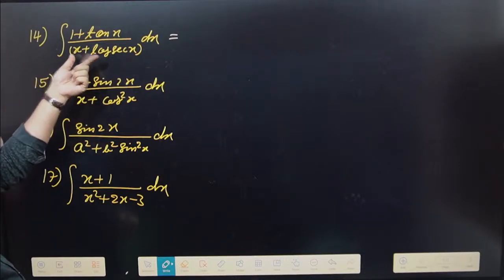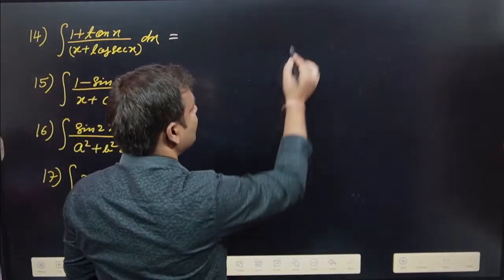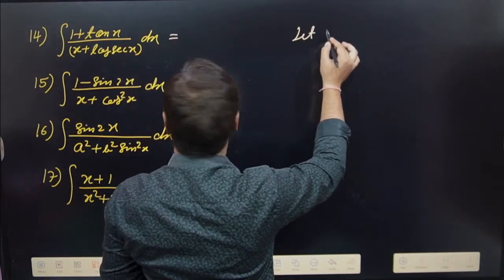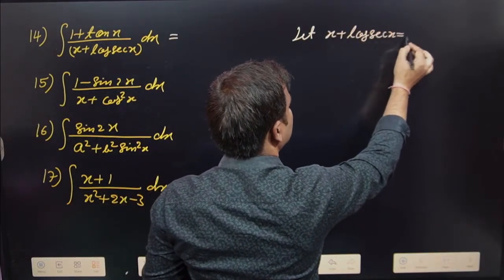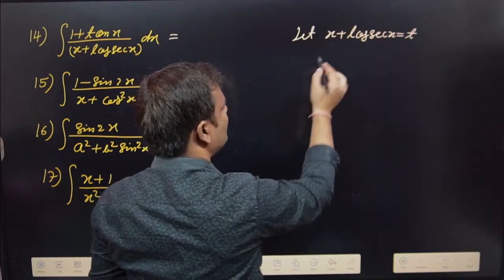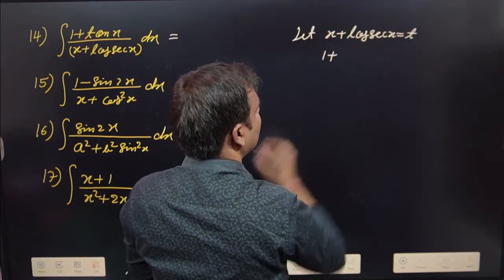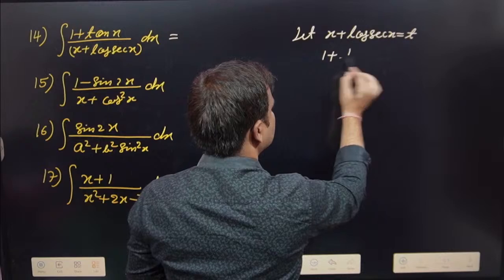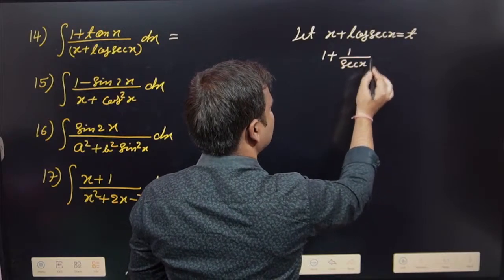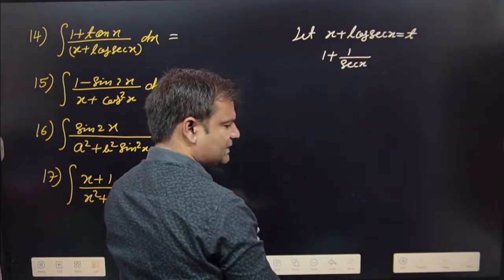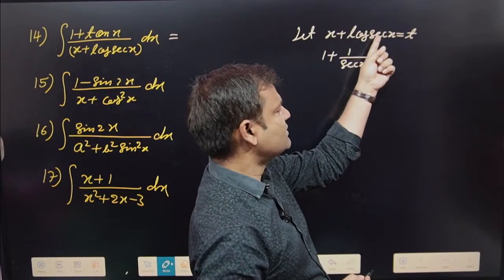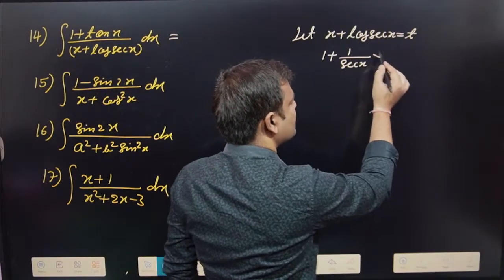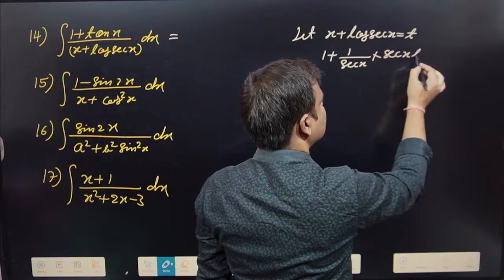Let x plus log of sec x be t. If we differentiate both sides, we get 1, and the differentiation of log of sec x is 1 by sec x into the differentiation of sec x, which is sec x into tan x.